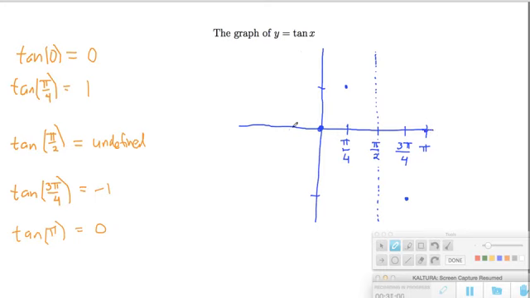What happens is, if you also looked at negative pi over 2, you'd also get an undefined value. It goes down to here, the function comes up, graph like that. And it would do the same thing on any of the periods.